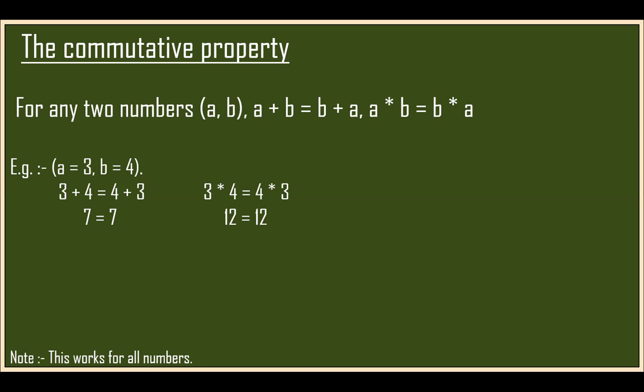Here 3 plus 4 has to equal 4 plus 3, so 7 equals 7. It's true. Now the multiplication part: 3 times 4 equals 4 times 3, so 12 equals 12. That's why it also works for multiplication. Note that this also works for all numbers.